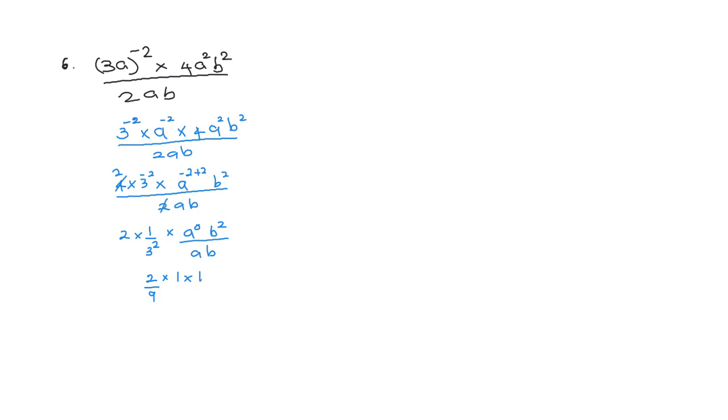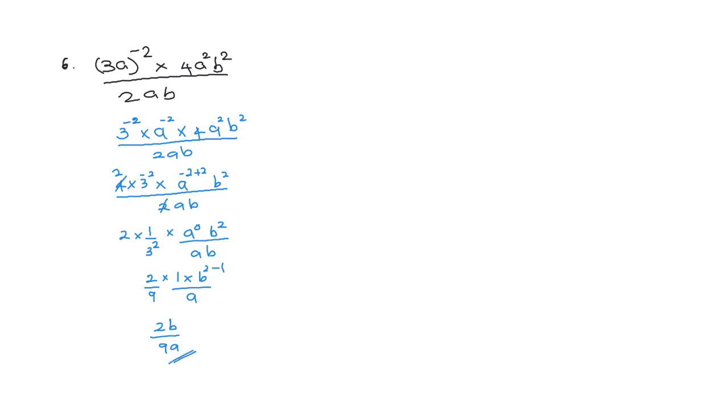And you have b squared divided by b. Then you can subtract powers, and in the denominator you have a. What is your answer? 2b over 9a is your answer.